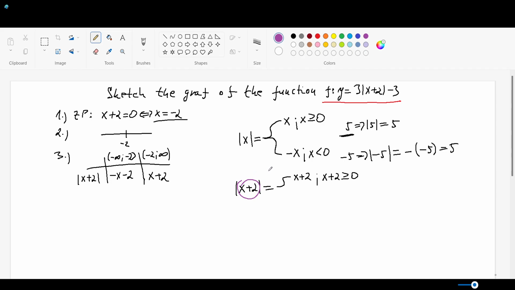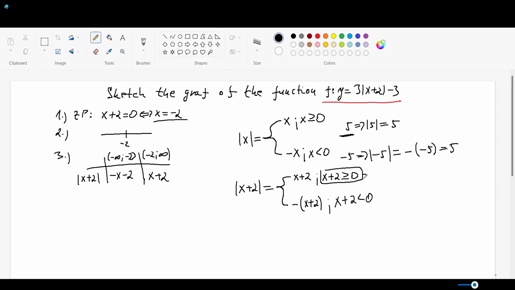This expression can be substituted by, let's say, z. So if z is positive, then the absolute value is equal to z, but in this case we are not using z, but the expression x plus 2. And the same as was applied above says that the absolute value of x plus 2 is equal to negative (x plus 2) if and only if x plus 2 is less than 0.